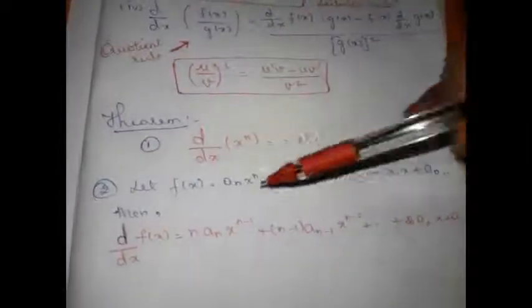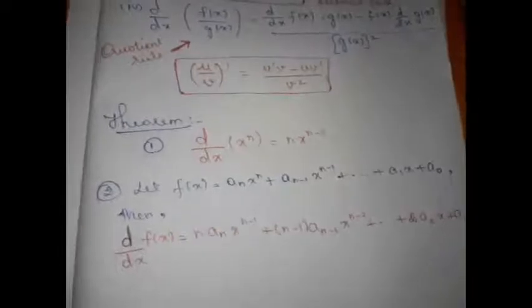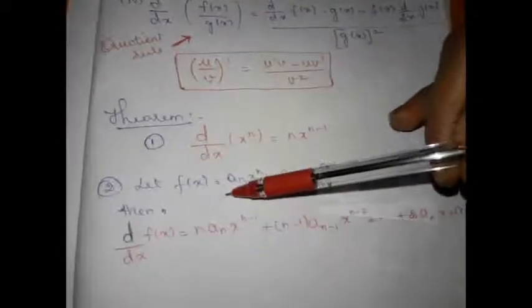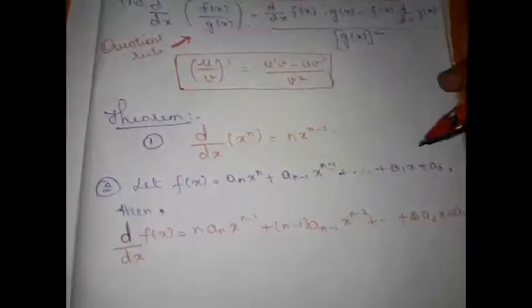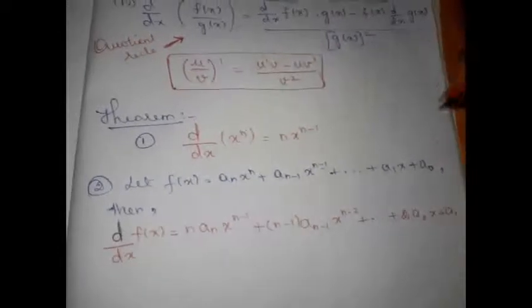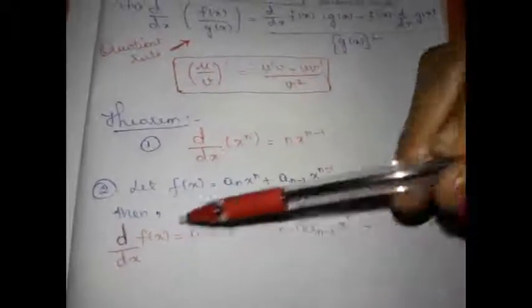The next theorem is the derivative of a polynomial, as we have seen in limits. Take a polynomial a_n x^n plus a_(n-1) x^(n-1) plus etc. plus a_1 x plus a_0. What will happen to d/dx of f(x)?